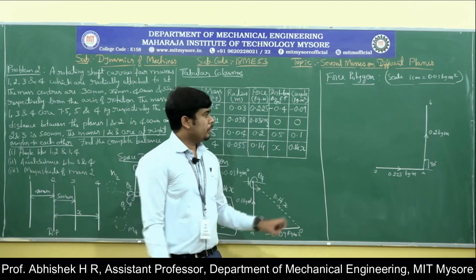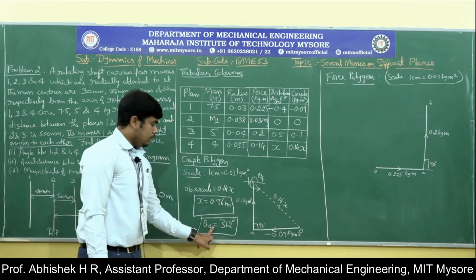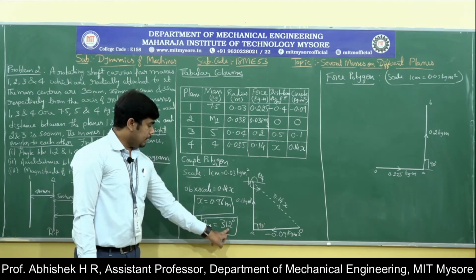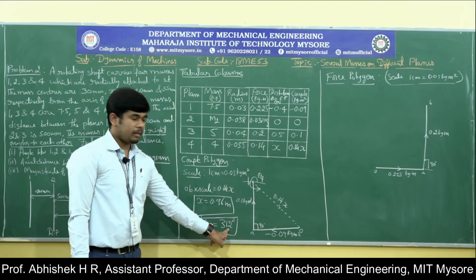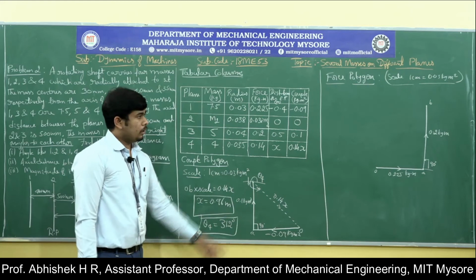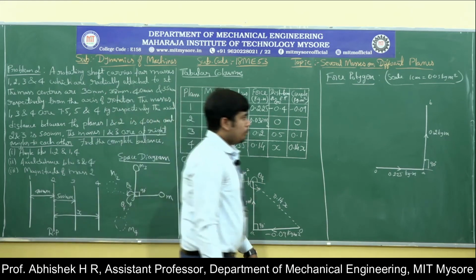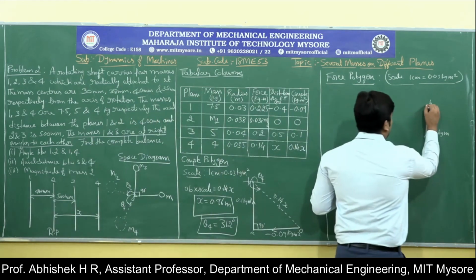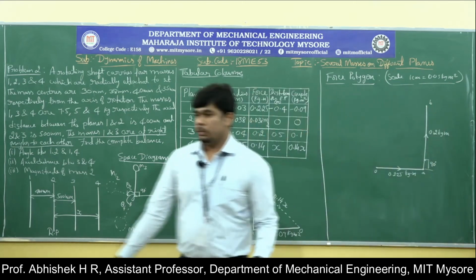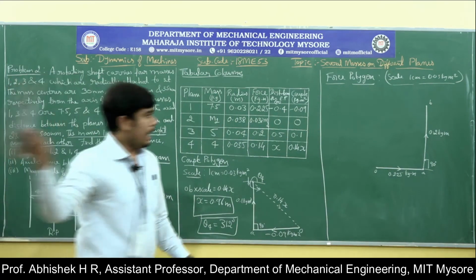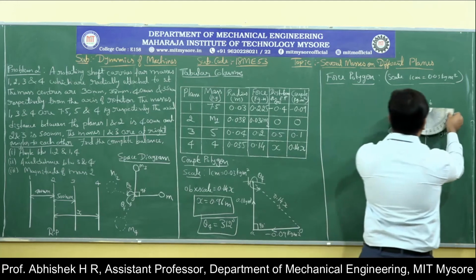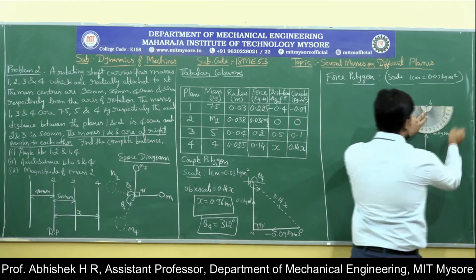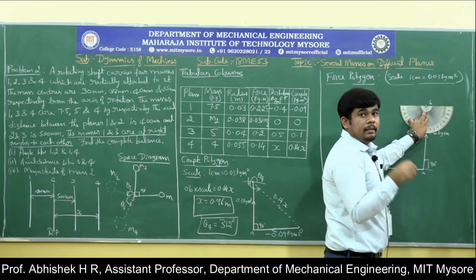Then we have the angular position theta 4, that is 312 degree, that we extracted from the couple polygon. Just make use of this angular position, put your protractor here. I will show you how to take the angle from this point. Put your protractor like this. What is the angle? 312.